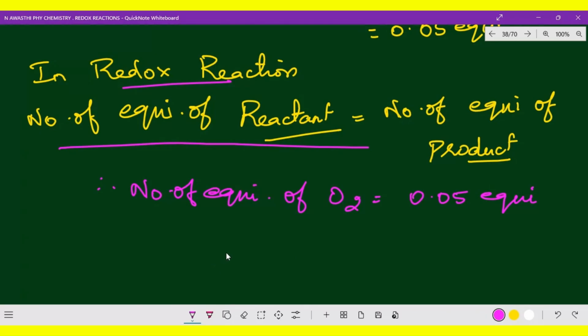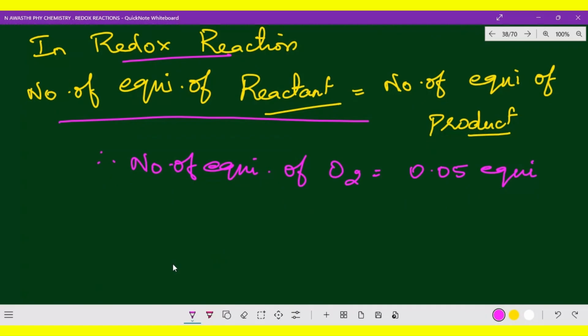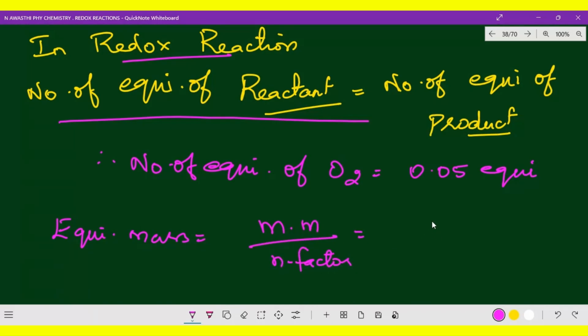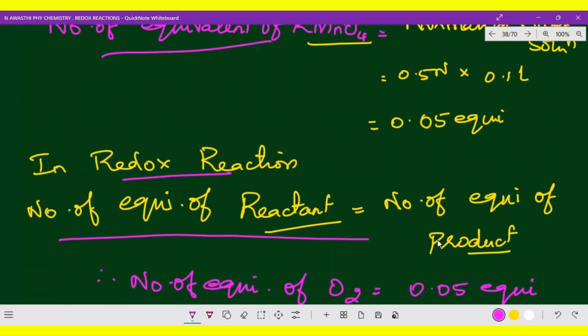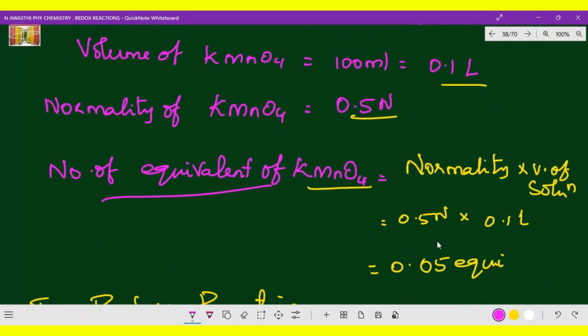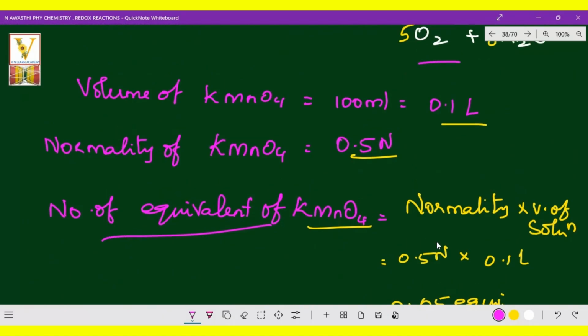Now we got the number of equivalents, and we can directly go and identify the equivalent mass. What is it? Equivalent mass is molecular mass divided by n factor. So here it is 22.4 divided by n factor. How many electrons change here? I just wanted to bring the n factor in this equation.